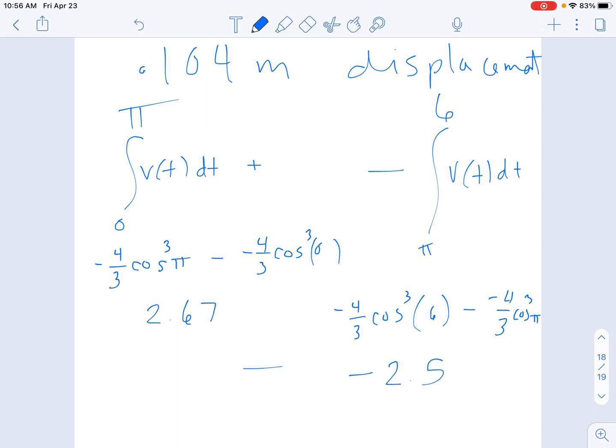And so I'm subtracting negative 2.5 from 2.67. And I get 5.17. Total distance traveled and displacement.